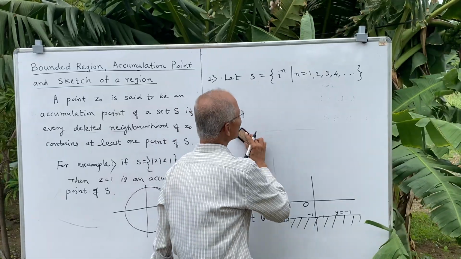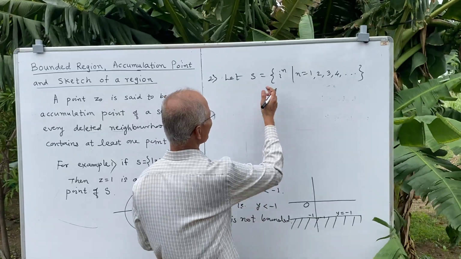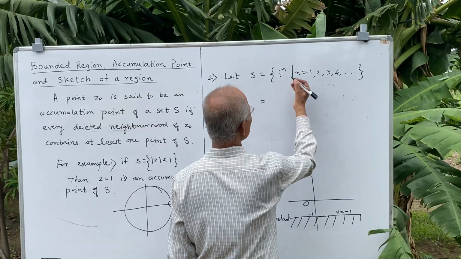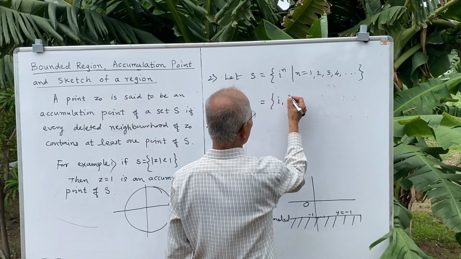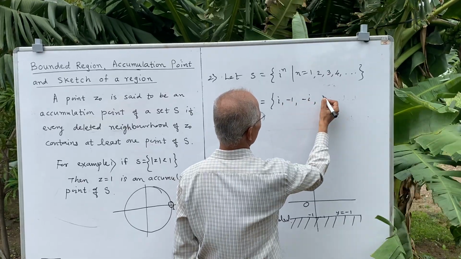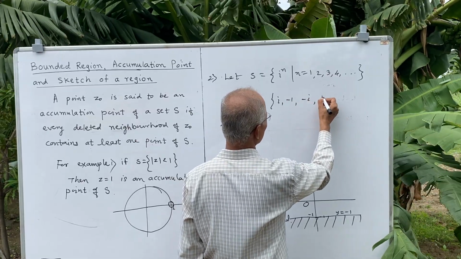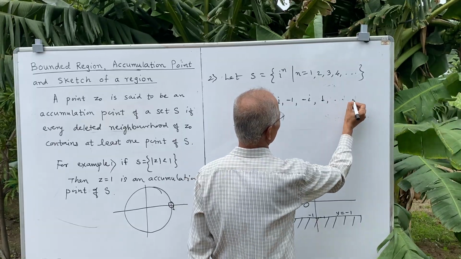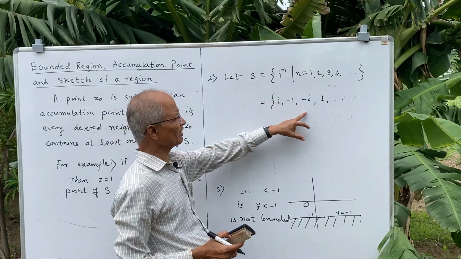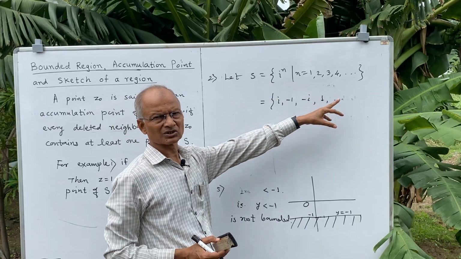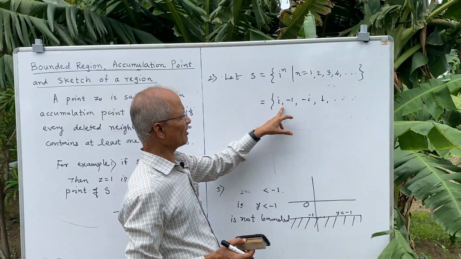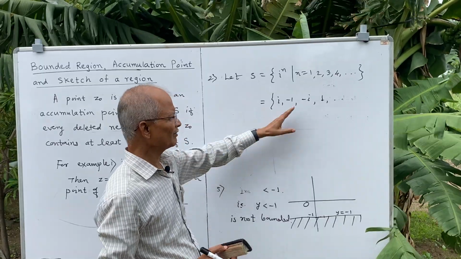Now we can see what will be the values of this I power n. I power 1 is I, I power 2 is minus 1, I power 3 is minus I, and I power 4 is 1, and so on. The values repeat. So these are the only possible values for I power n, where n is a positive integer: plus or minus 1, or I and minus I.